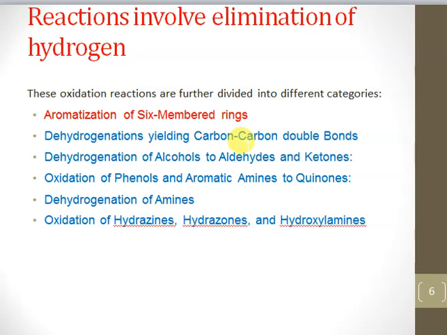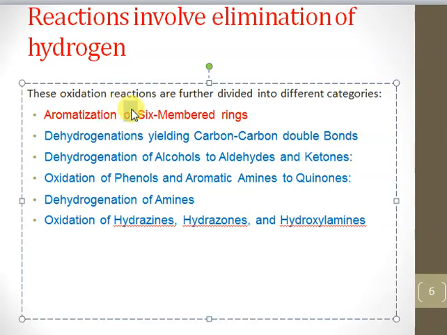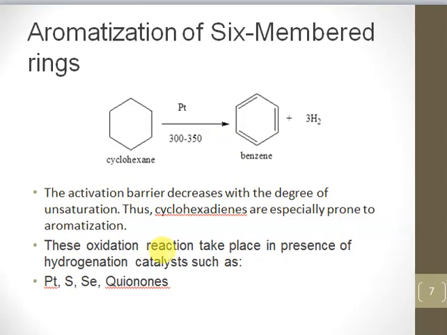Then dehydrogenation reactions which yield carbon-carbon double bonds, dehydrogenation of alcohols to form aldehydes and ketones, oxidation of phenols and aromatic amines which results in formation of quinols, then dehydrogenation of amines to form nitriles, and oxidation of hydrazine, hydrazone, and hydroxylamines, right? We will discuss them all one by one, but in today's lecture we will only concern ourselves with the aromatization of six-membered ring.